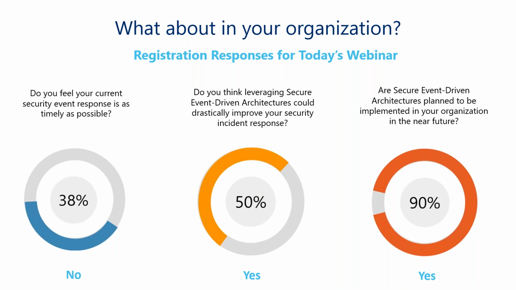Do you think that leveraging secure event-driven architectures could improve your security response? Half said yes. Interestingly, only half said yes, but 90% of you suggest you have plans in the near future to deploy secure event-driven architectures. And if it is 90%, I would hope a lot of folks will talk to Jose after the fact. How's that, Jose?